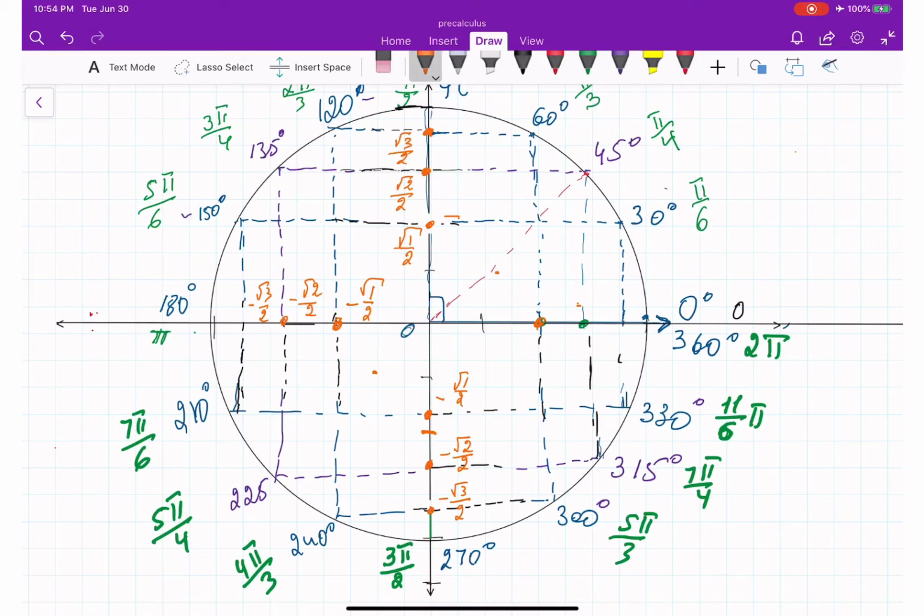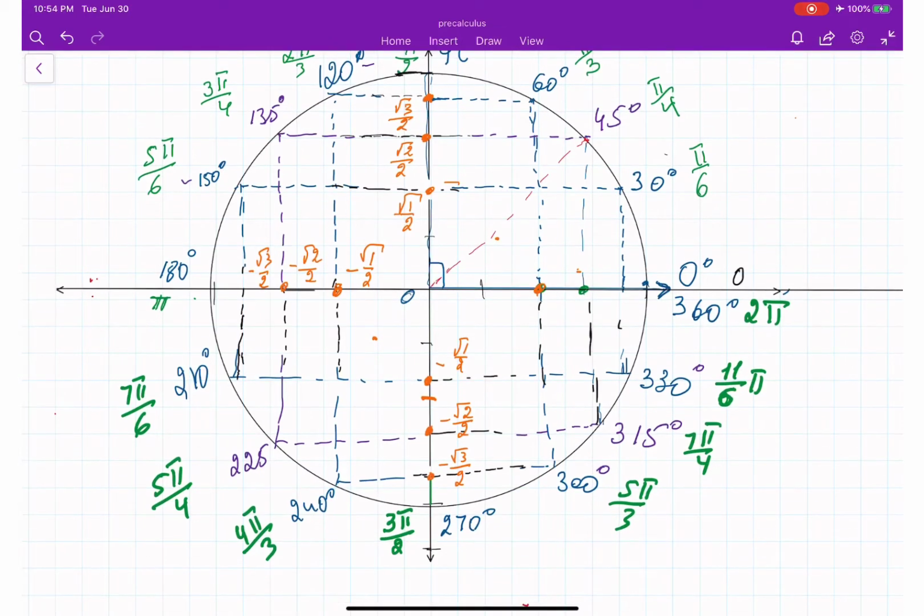Let me write here, square root 1/2. Okay, it's working. Square root 2/2, and square root 3/2. Okay, this point and this point.